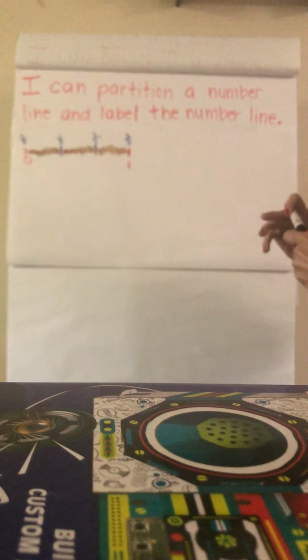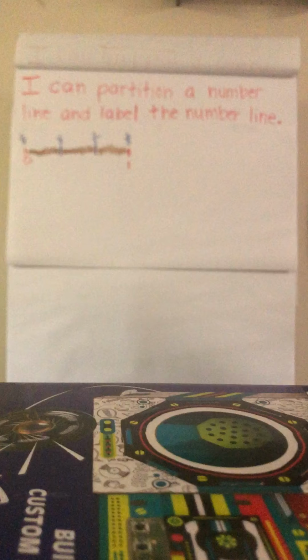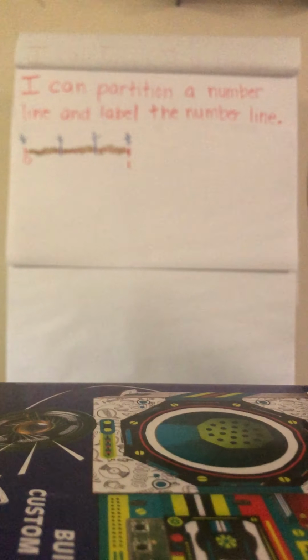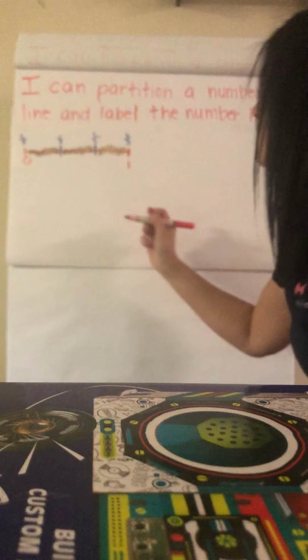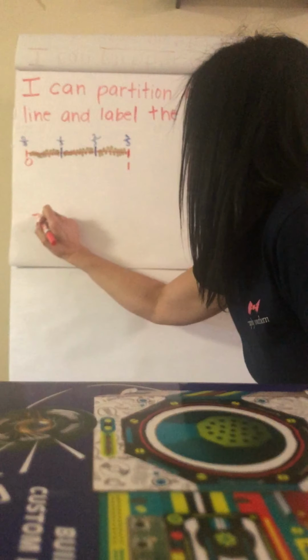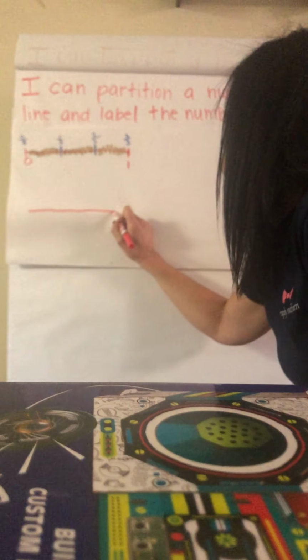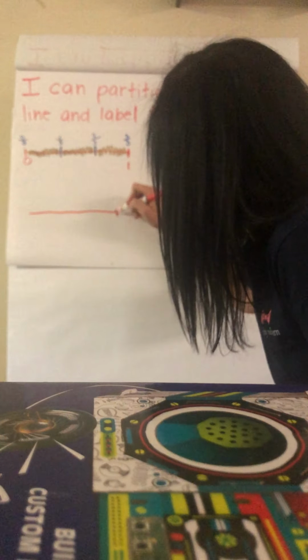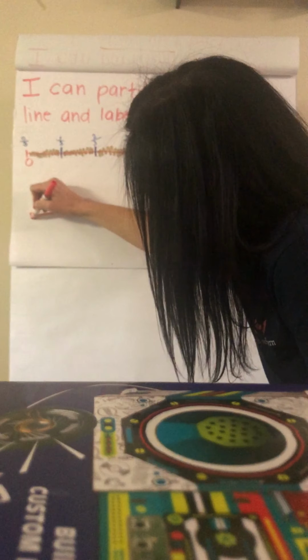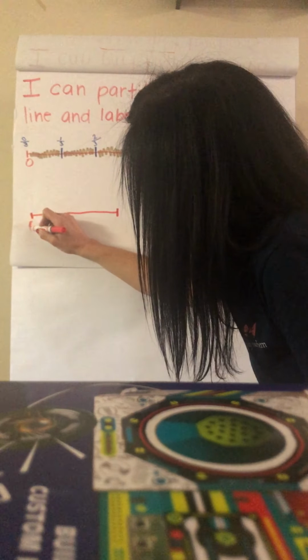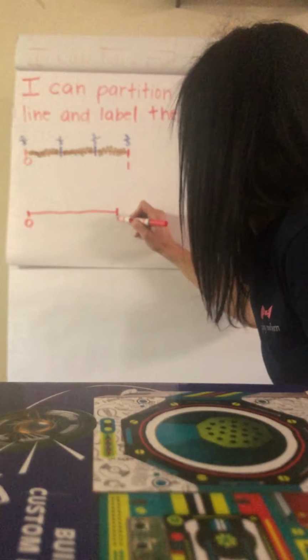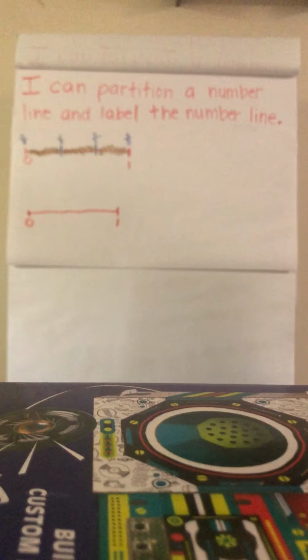Okay, we're going to look at one more. This time we're going to break our number line into 6 equal pieces and we're going to label it. Okay, so I'm marking off the part of the number line I'm working with. I'm working with 0 and 1.